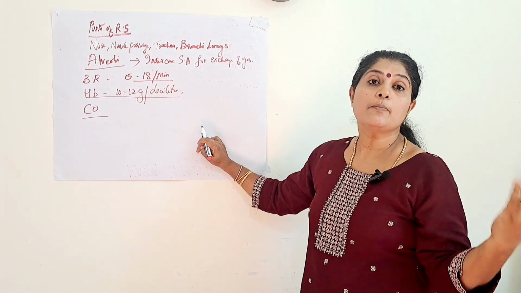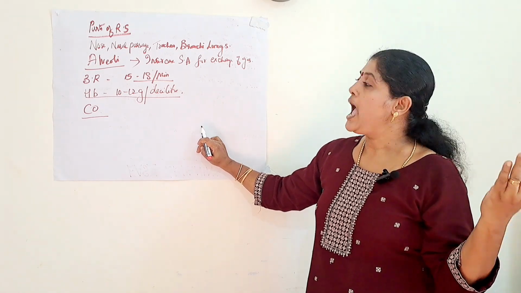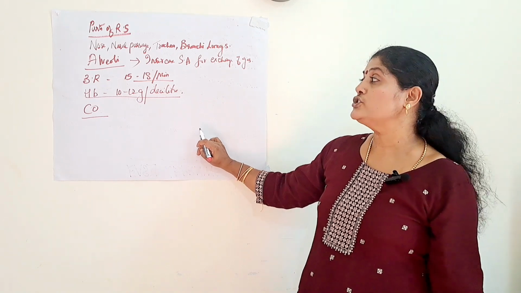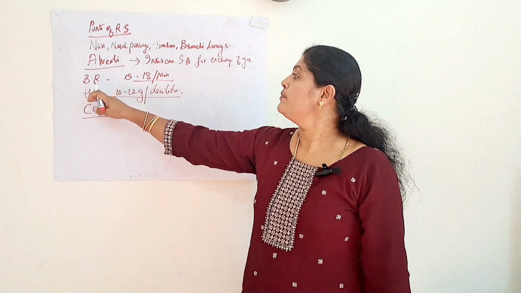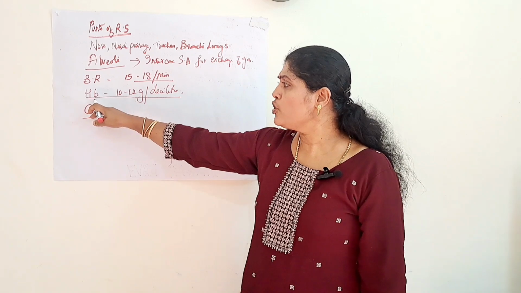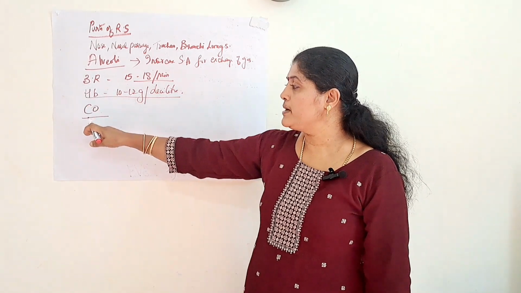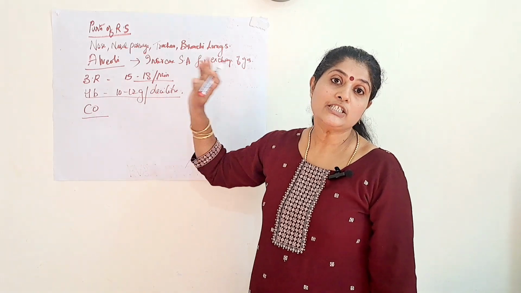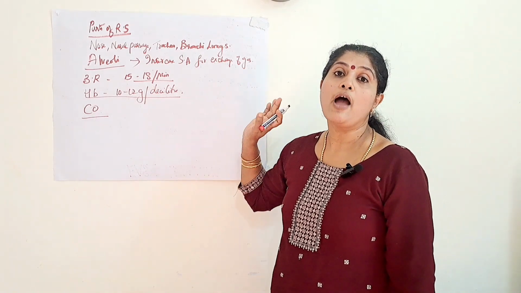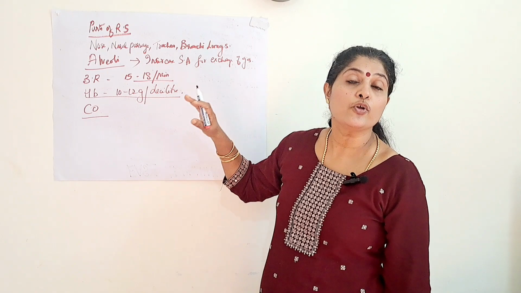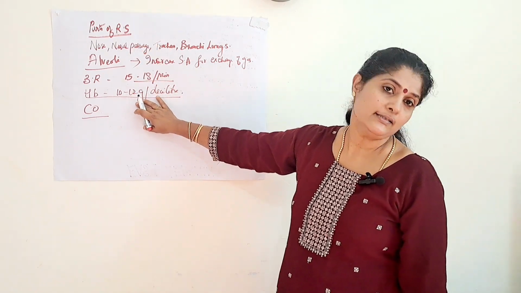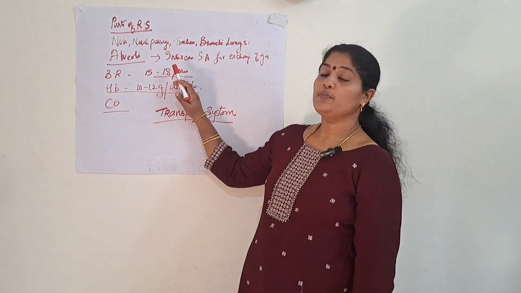Then we discussed respiration in human beings, and in that the main parts of the respiratory system, along with the function of the alveoli, then the hemoglobin level, the breathing rate of a person, and carbon monoxide poisoning. All these topics which I have covered here, you have to go through thoroughly. It will be helpful for you to score 100 plus marks in this topic, the respiratory system.